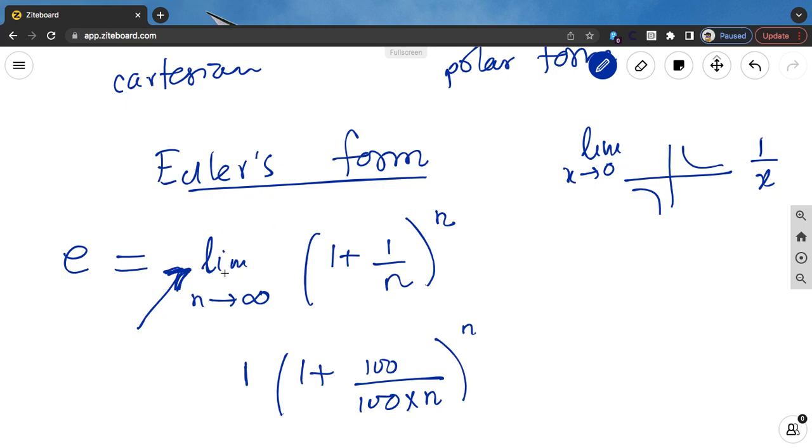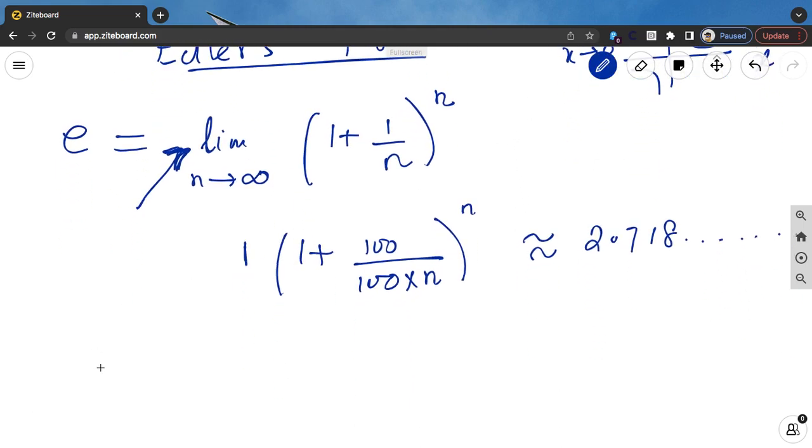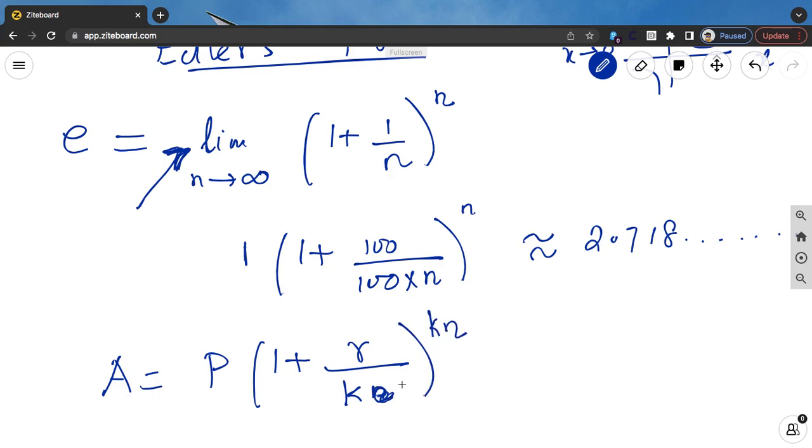So that's the meaning of limit. When n becomes very, very large, the amount of money that this grows into is almost equal to 2.718..., and this number is defined as e, Euler's number. Whenever I'm compounding any money, I normally write this as (1 plus r by k) raised to k into n, where k is the number of times I'm compounding and r is the rate.